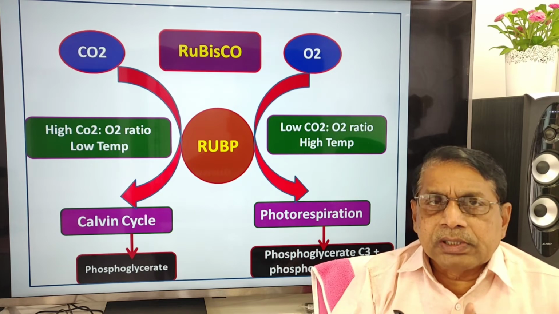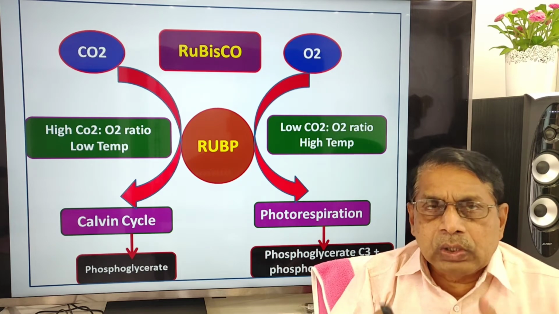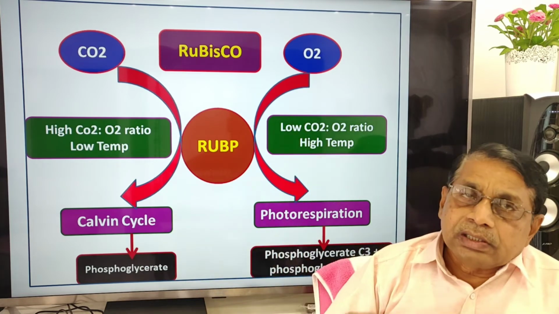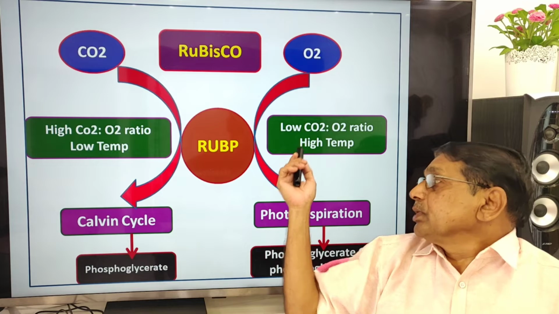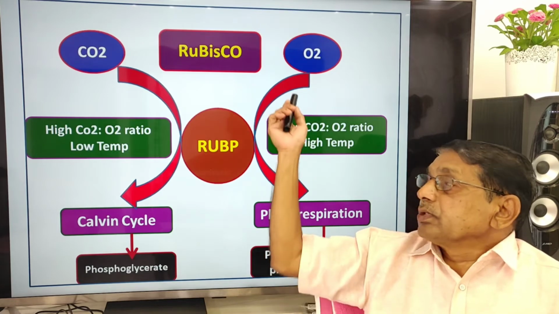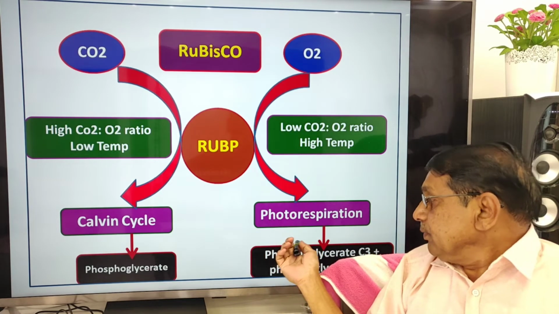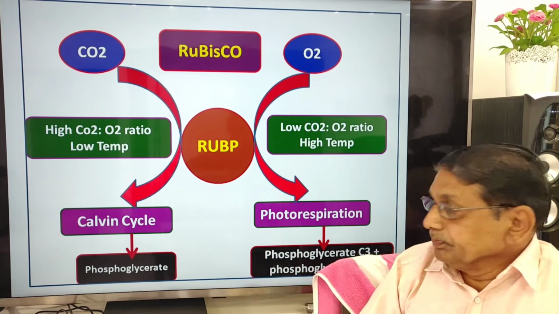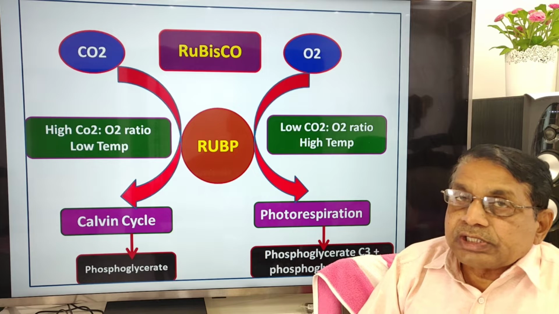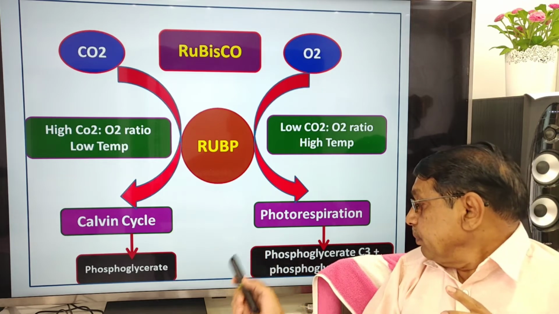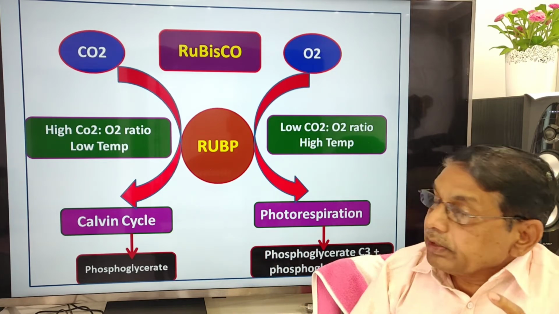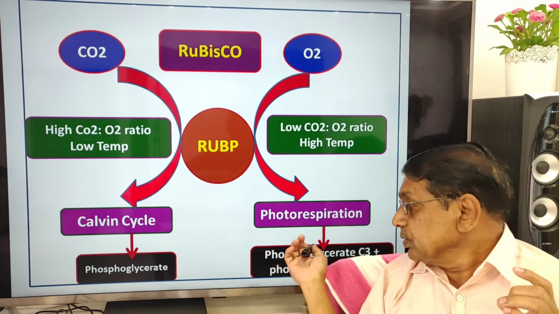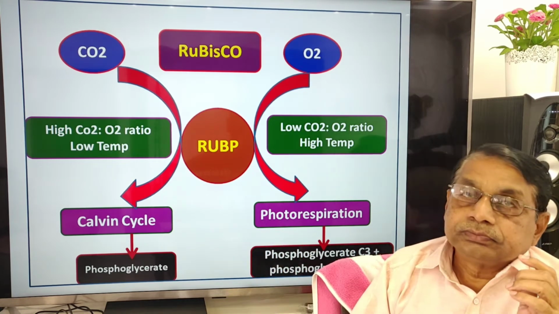depends upon the conditions. More carbon dioxide and low temperature: carbon dioxide is absorbed. More oxygen than carbon dioxide and high temperature: oxygen is absorbed, and photorespiration occurs. In photorespiration, the products are phosphoglycerate, a C3 compound, and phosphoglycolate, a C2 compound. C2 plus C3 makes C5.